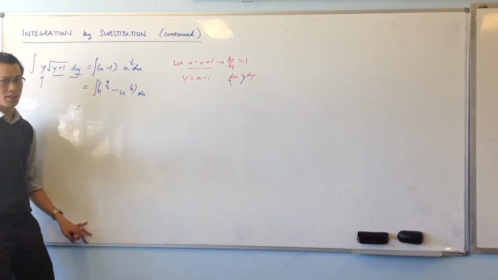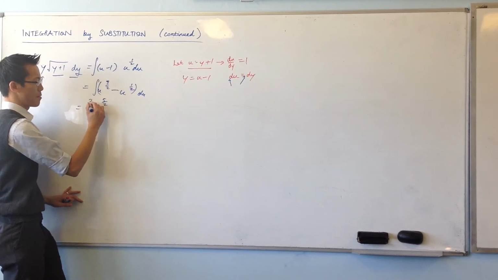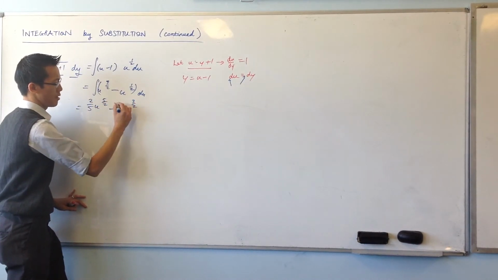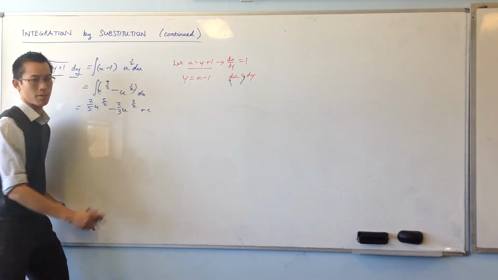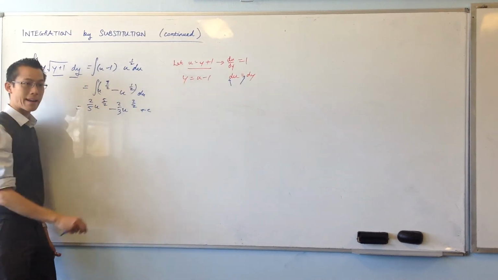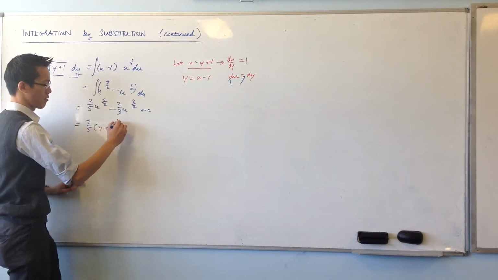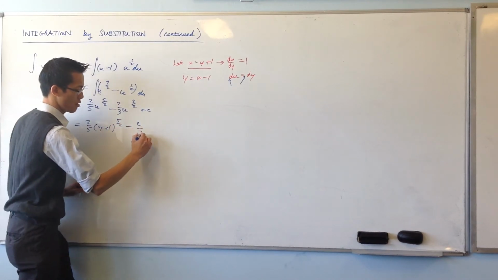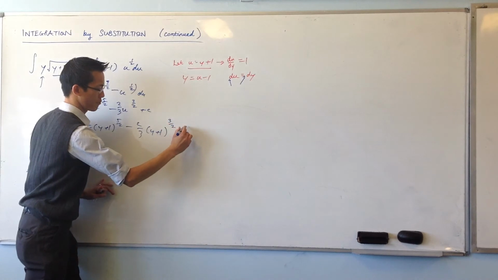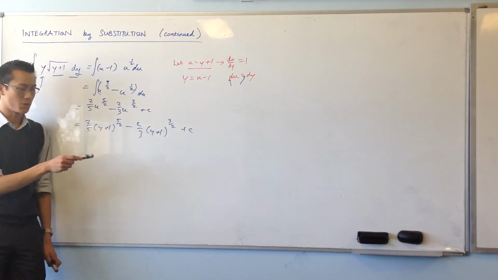Raise the power, divide by the power, and raise the power and divide by the power. Plus a possible constant. Ta-da! Okay. So now I just need to finish off and bring it back to the y's. So 2/5, 5 on 2, 2/3, 3 on 2.